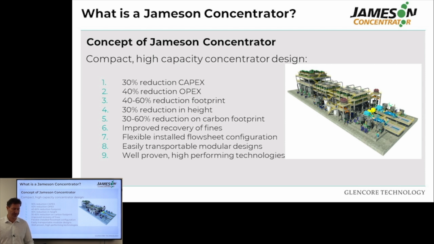It also decreases carbon footprint and increases the recovery of fines. It offers flexible flowsheet configurations. We also have easily transportable modular designs, and it's based on well-proven, high-performing technologies such as the Jameson Cell and the IsaMill technology.